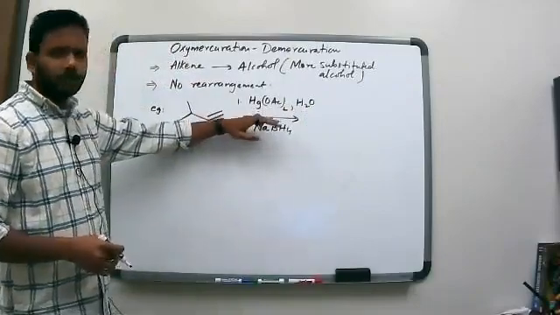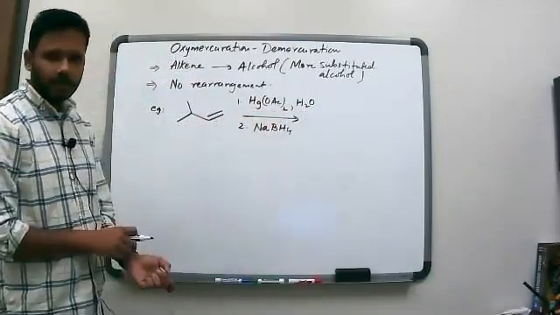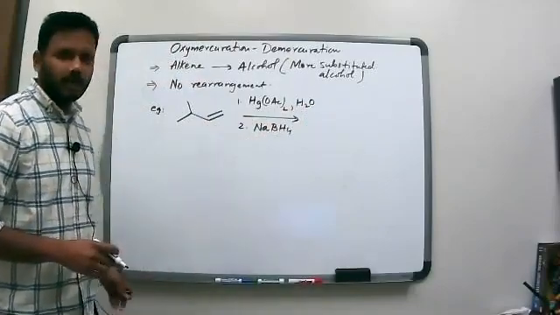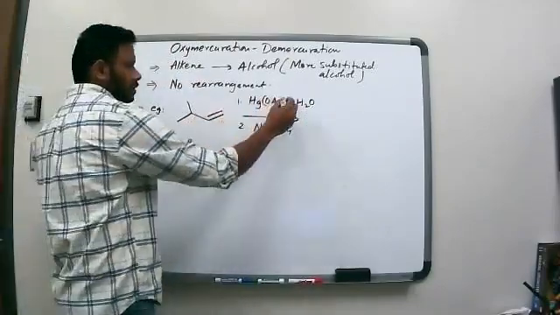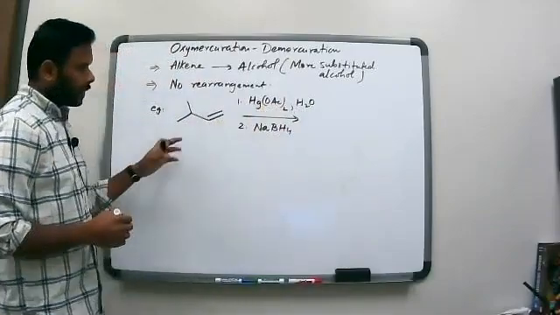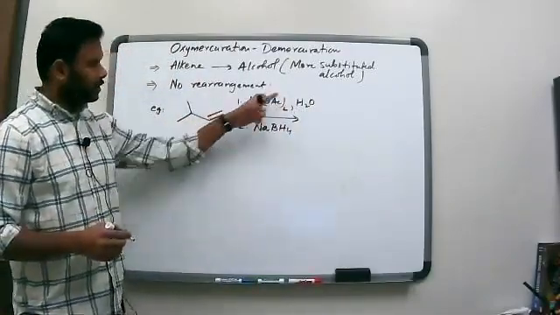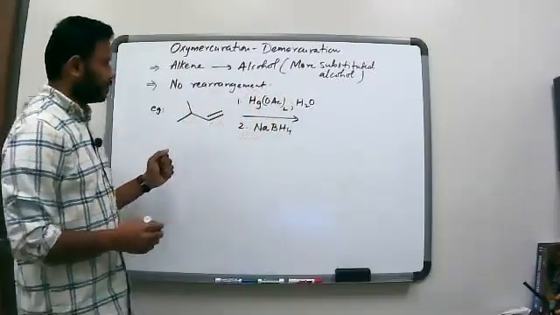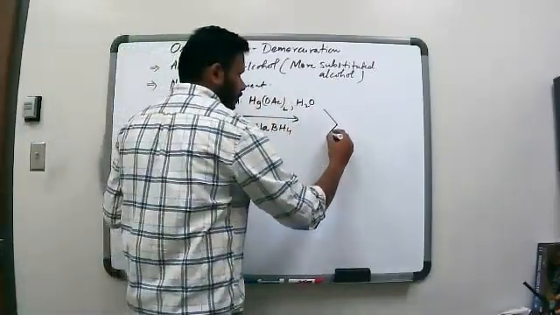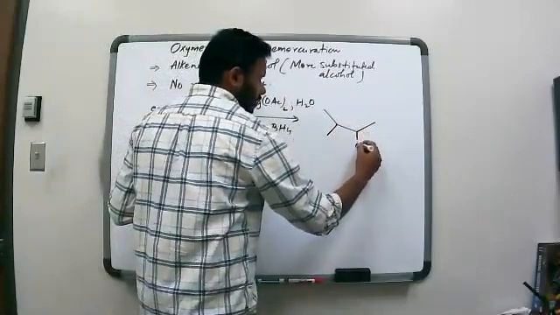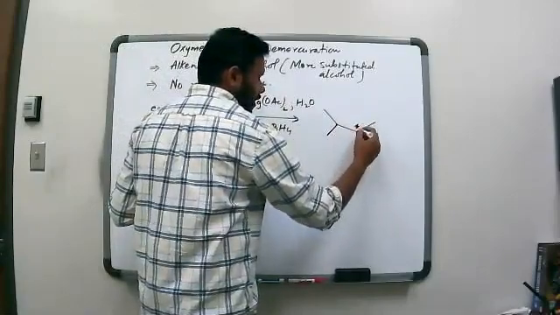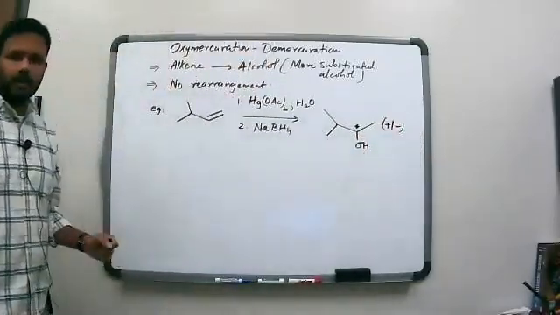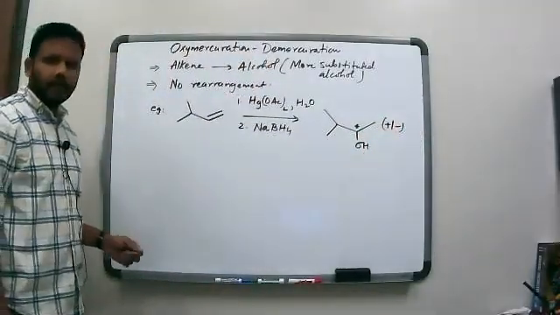We will not go into the details of this reduction step, it's a little bit too complicated. The oxymercuration part is this first step, and the second step is the demercuration part. So when we do this reaction, we will get this alcohol here, plus or minus stereochemistry.